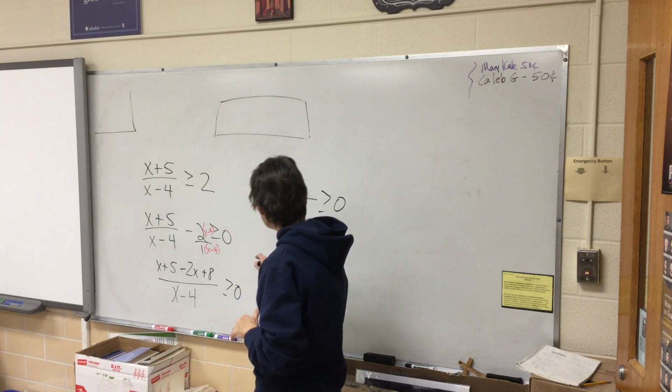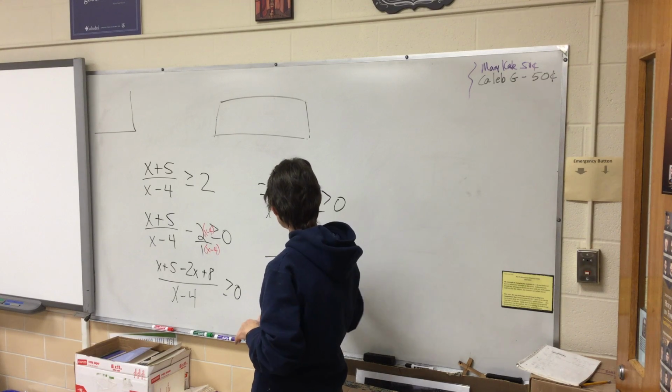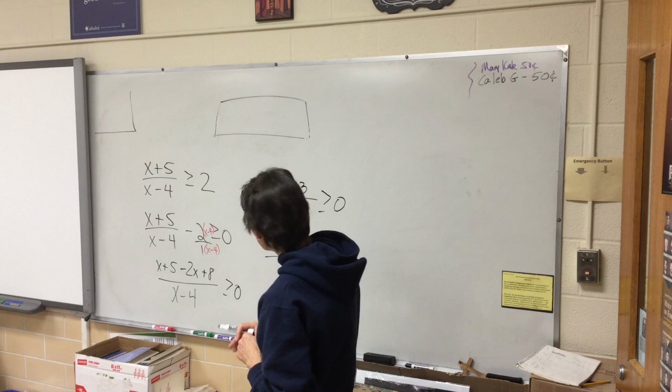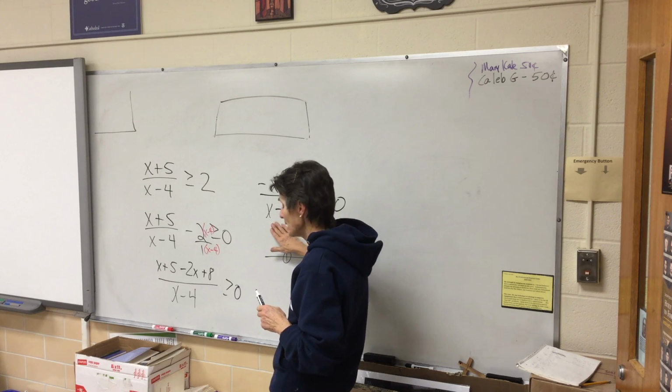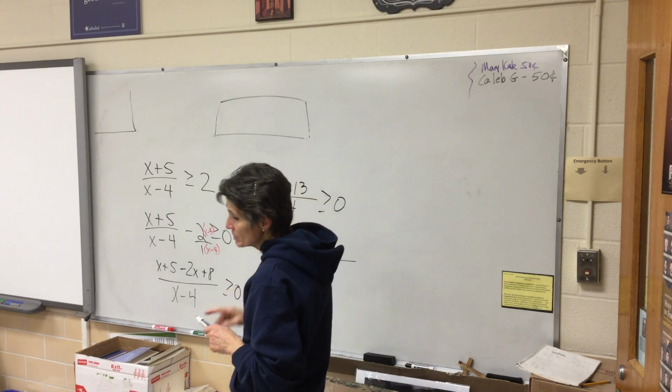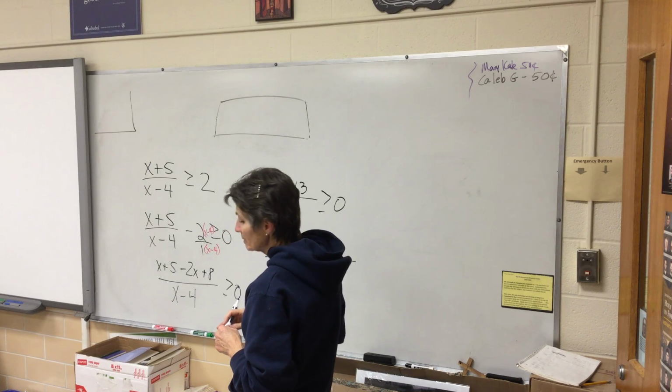Now at this point, you're going to go to your number line and you're going to put 2 dots on the number line. I know that the dot for the denominator will be at 4. I can see that. This one is a little more confusing. So this happens a lot.